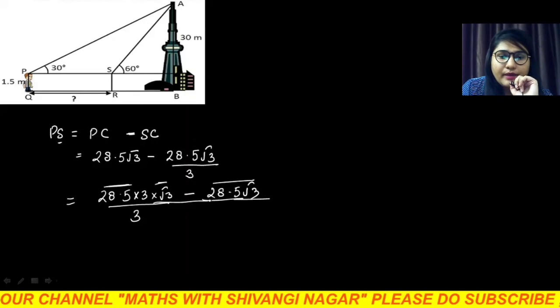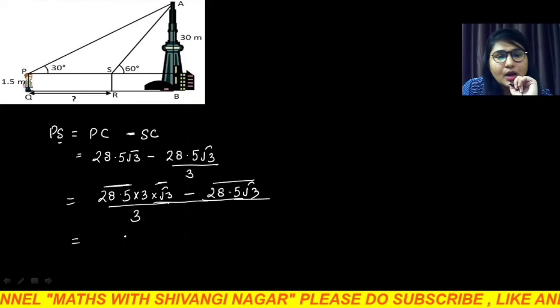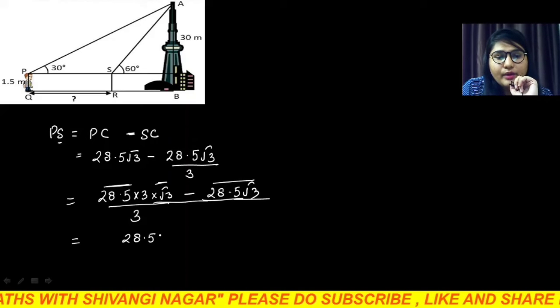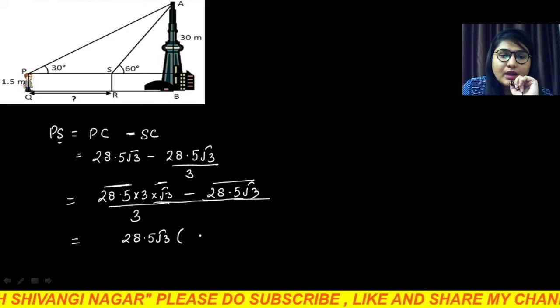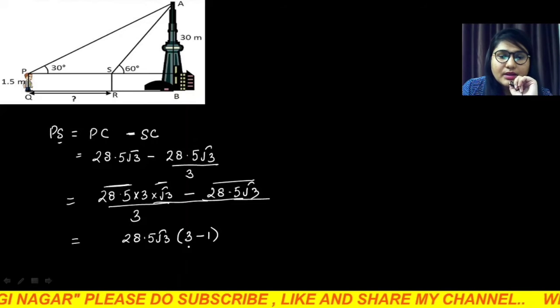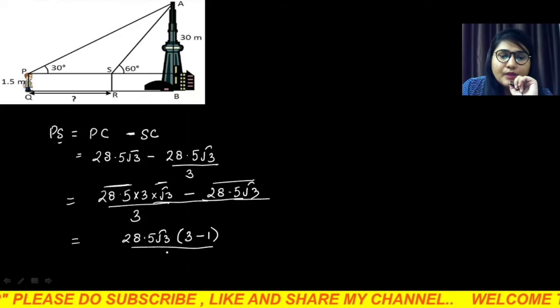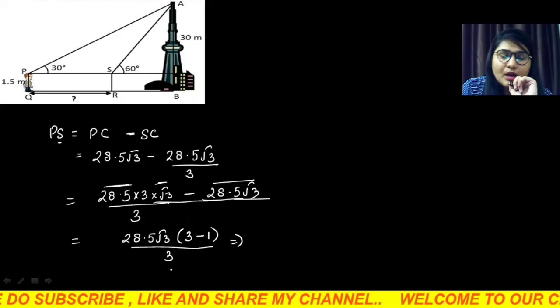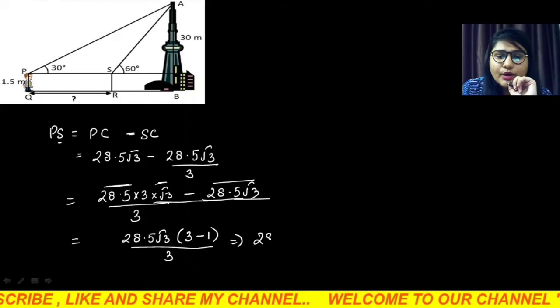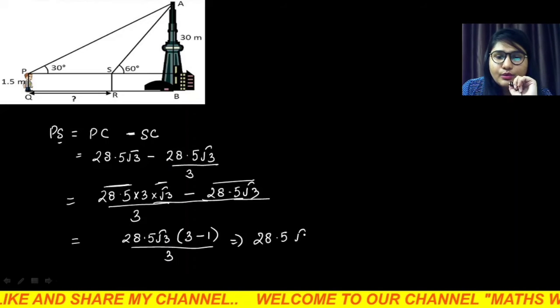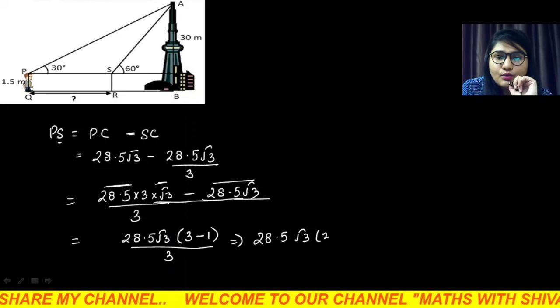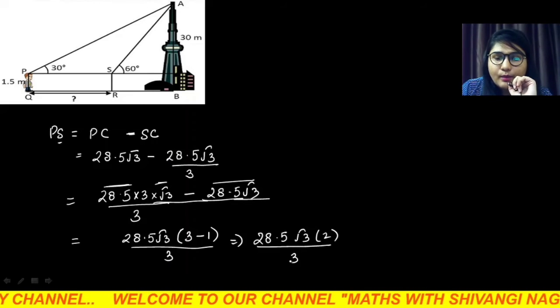So 28.5 root over 3 is common, so just take it outside. So 28.5 root 3 I have taken out common outside, so 3 minus 1 is left over. And here is 3. Now it is 28.5 root over 3 into 2 whole divided by 3.